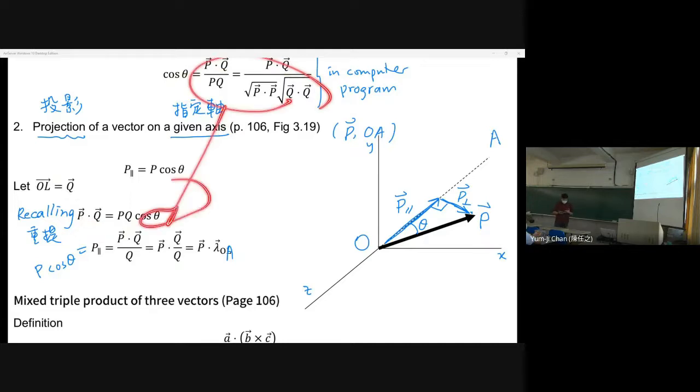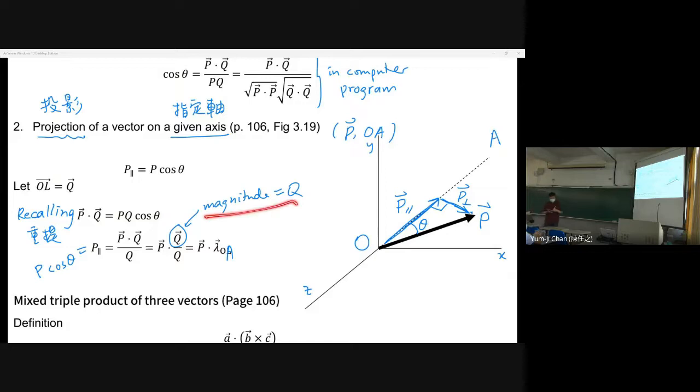But if we move the terms around and write it in this way, you can see the magnitude of Q vector is of course Q. So the division of Q vector by scalar Q is equal to a unit vector in the direction of OA.